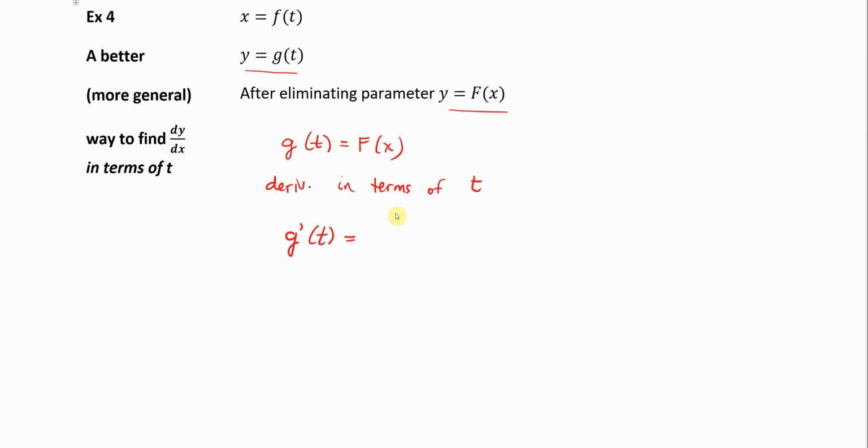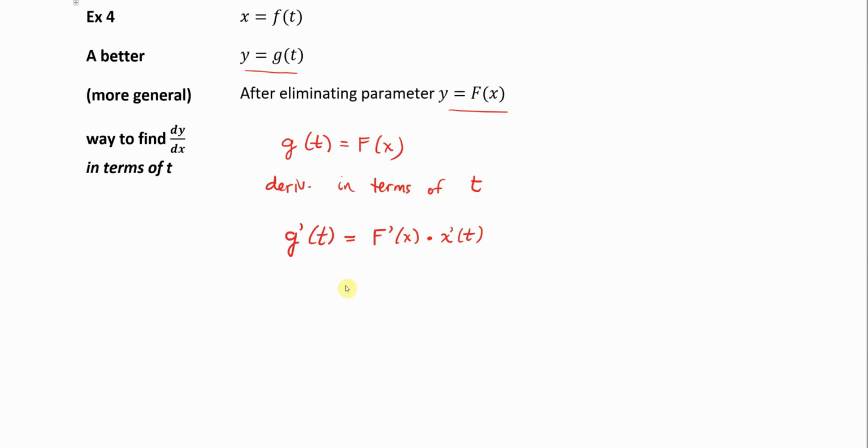On the right side, it's big F prime of x times x prime of t. Now, why would that be? Because we remember here that x is actually a function, right? x is a function that's described in terms of t. Okay?